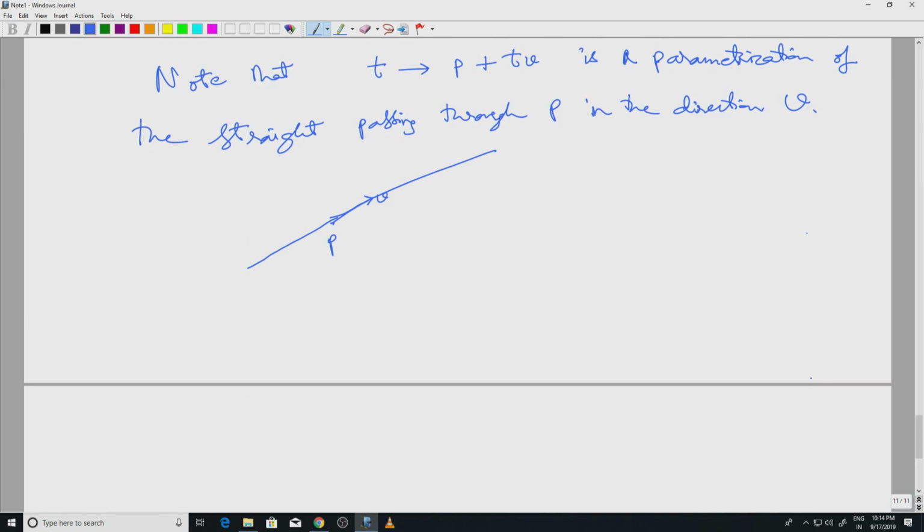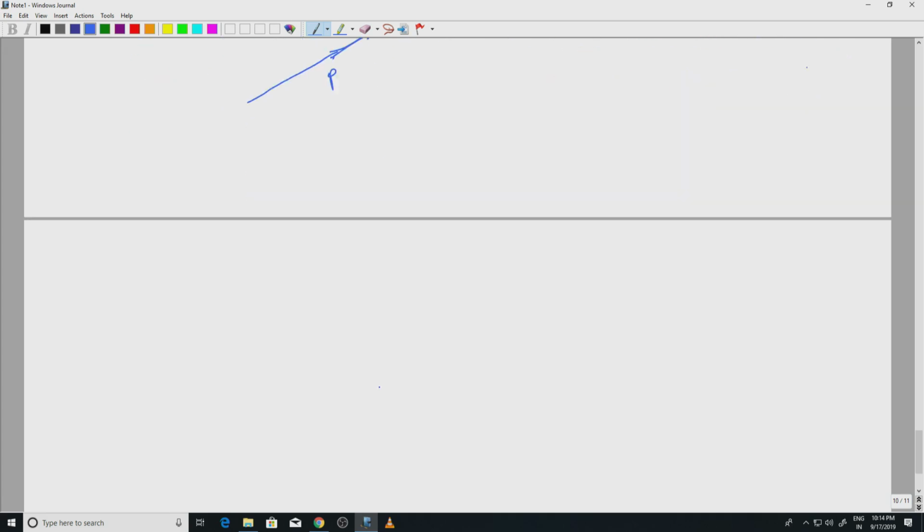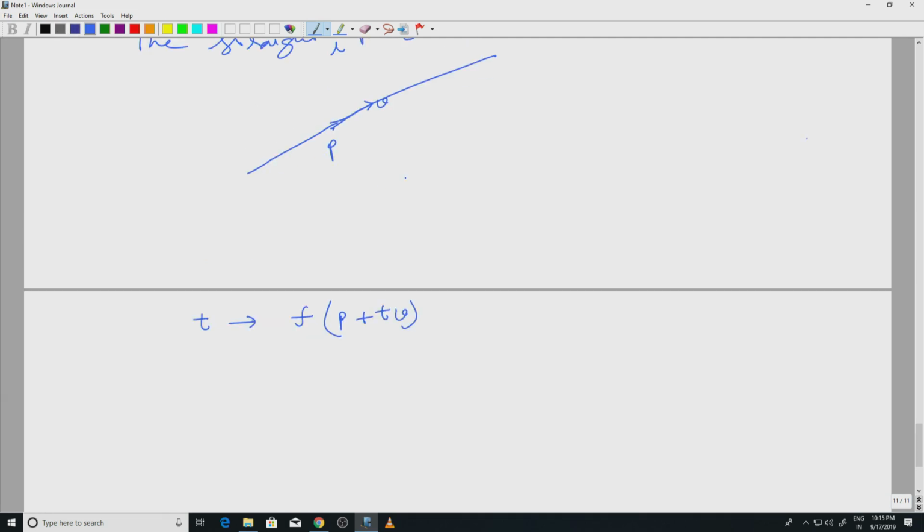Note that t going to p plus tv is a parameterization of the straight line passing through p in the direction v. What I am doing here is essentially restricting the function f.